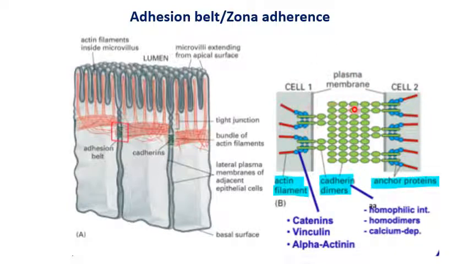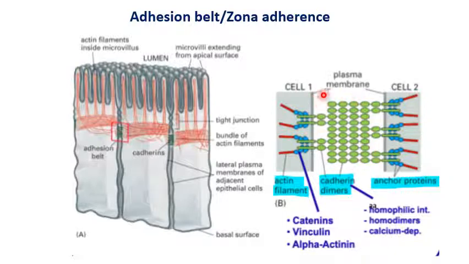See, in both the cells you can see the intracellular protein and the transmembrane protein, which is cadherin, linked by another protein called an anchor protein. So the actin filament and the cadherin are linked by the anchor protein.